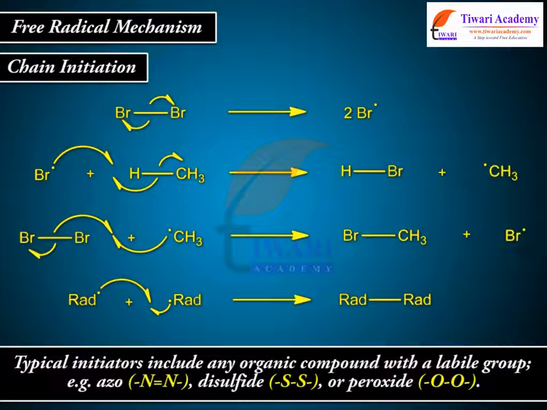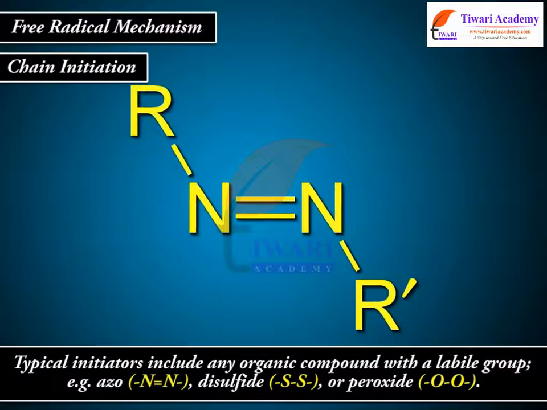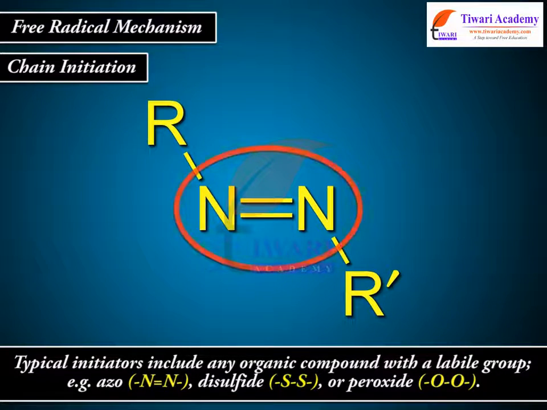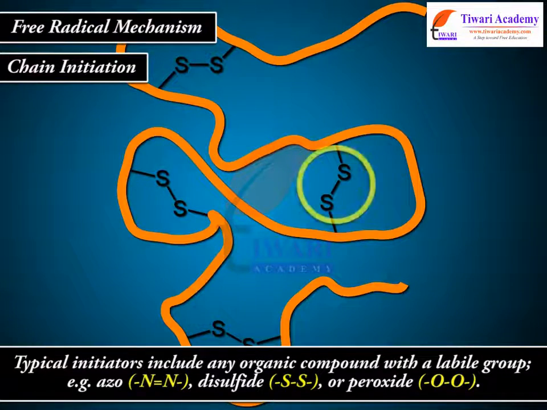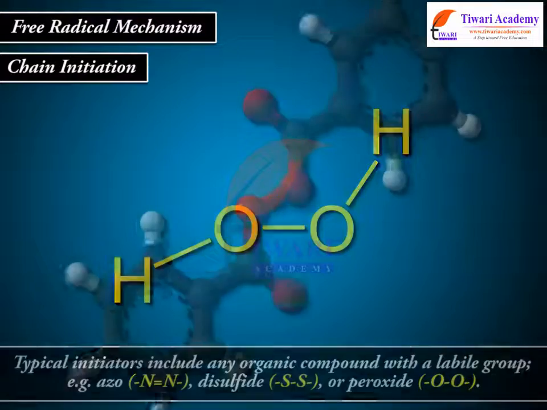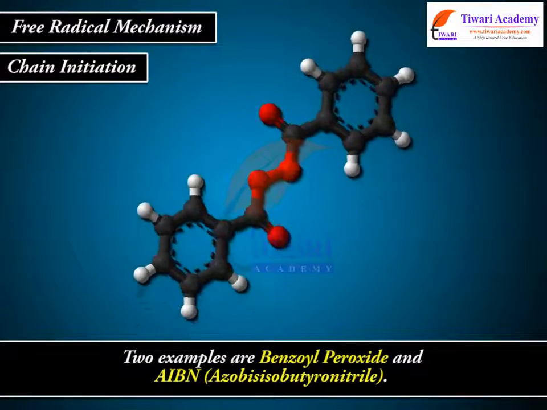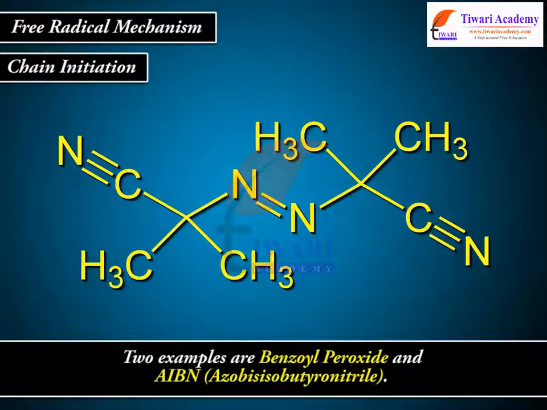Typically, initiators include any organic compound with a labile group, for example, azo (N), disulfide (S), or peroxide (O). Two examples are benzoyl peroxide and AIBN, azobisisobutyronitrile.